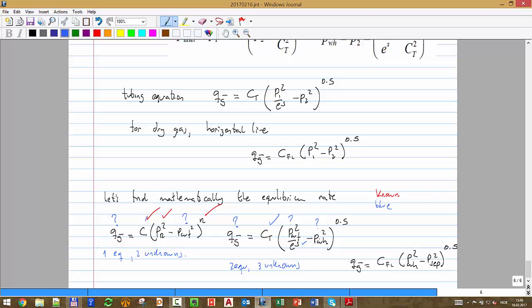And I go to this final equation where I don't know the rate, I know the pipeline coefficient, I don't know the wellhead pressure, but I know the separator pressure. So here I have the additional equation that I need. So here I have three equations, three unknowns, and I can solve them simultaneously to find the rate, the bottom hole pressure, and the wellhead pressure.